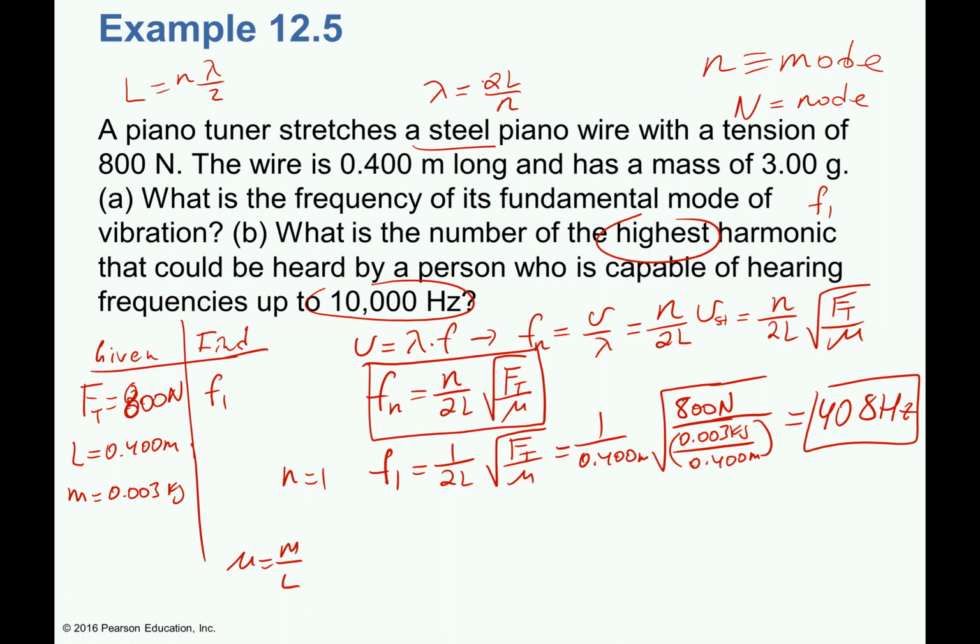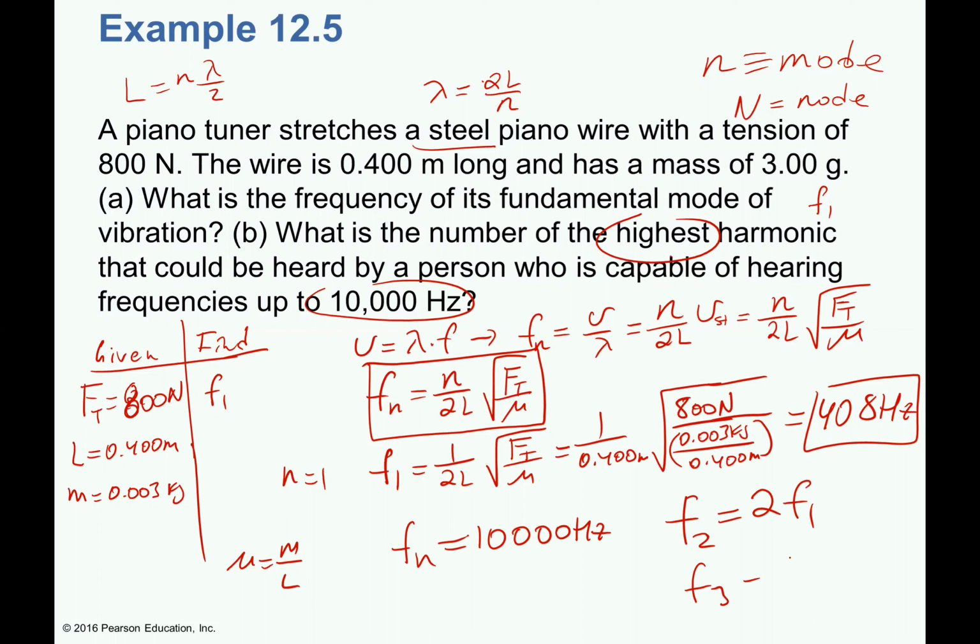That means we want some f_n where f_n is 10,000 hertz. There's a pattern in the equation. If the fundamental frequency is 408 hertz, then the second harmonic will be 2 times the fundamental.